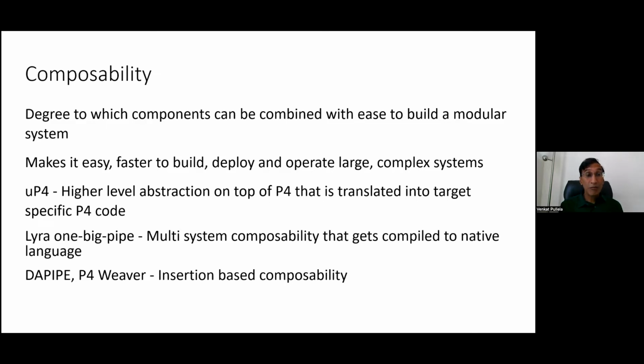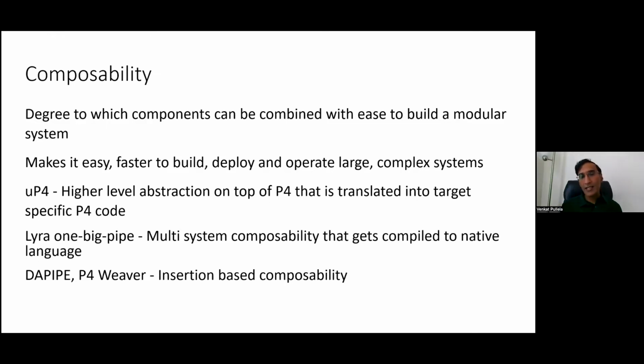And the last one, which is the latest and very interesting work, was P4 Weaver, built on top of DAPIPE. Sorry, Mario, if I'm mispronouncing how you named it. So P4 Weaver is an insertion-based composability. It talks about the pipeline, and you can insert these modules. This is the latest work, and this is very useful.